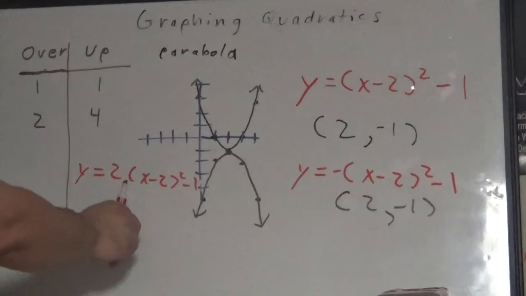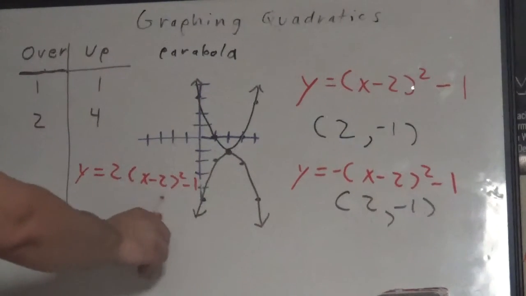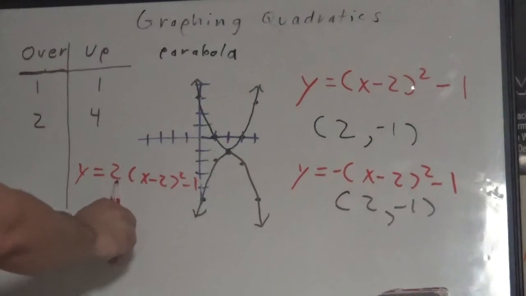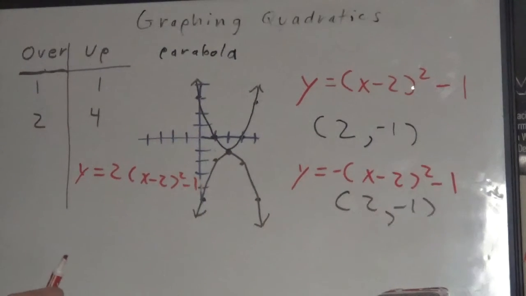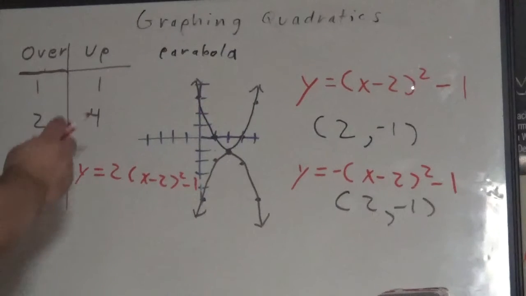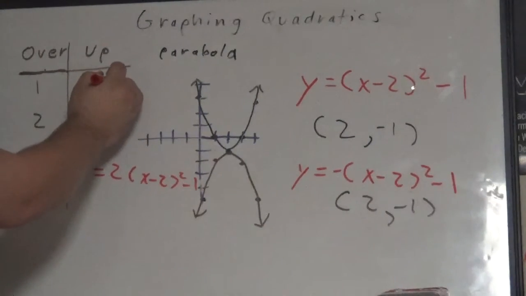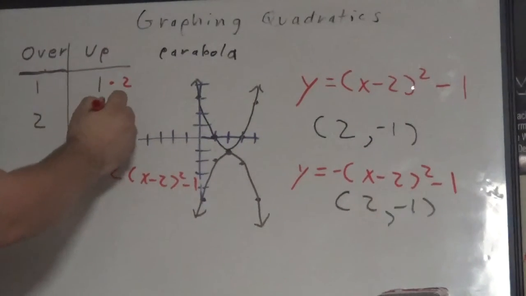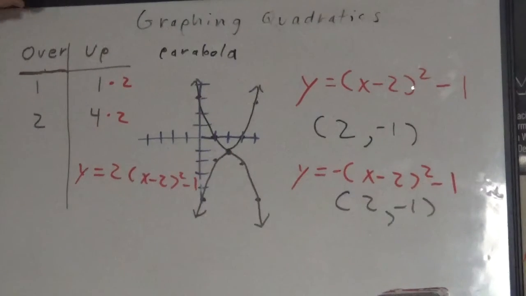What we're going to do, since we're multiplying the part in the parentheses by 2, is multiply our output by 2. The amount we're going over is your x, left and right.